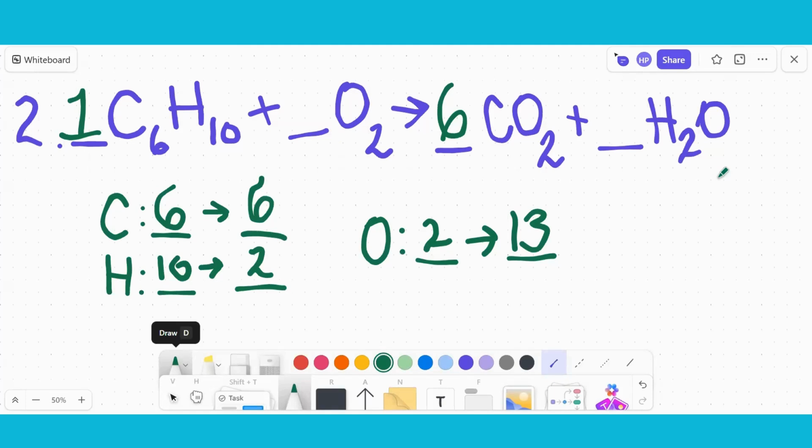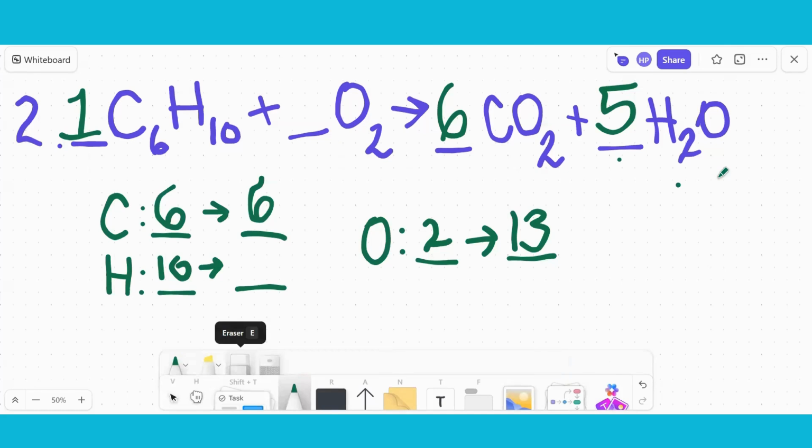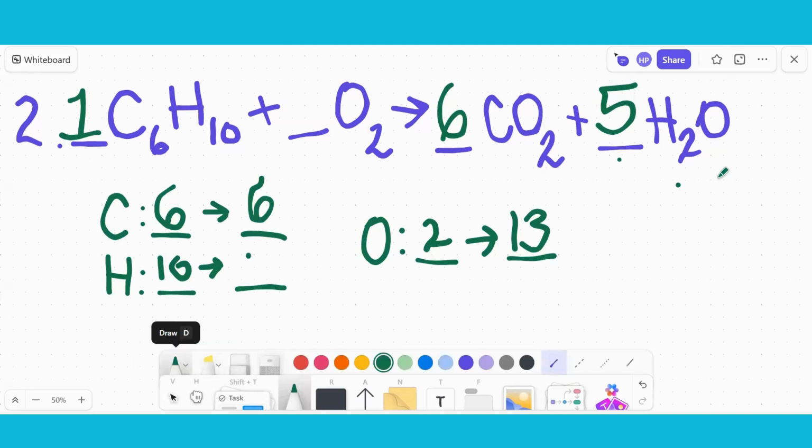So if we have 10 hydrogens on the left side and only 2 on the right and our coefficients are multiplication, I'm going to put a 5 in front of the hydrogen on the right. So now that 5 times 2 will change our right side hydrogen count to also be 10.